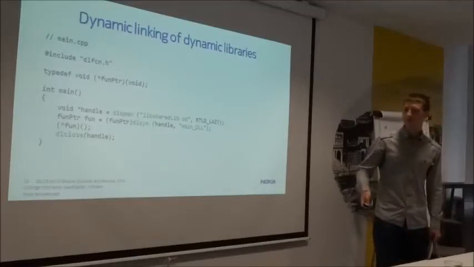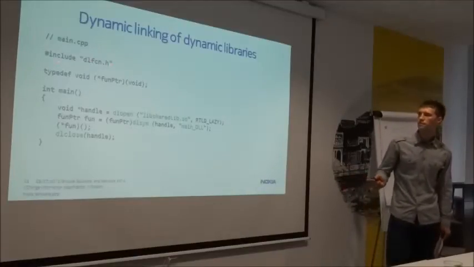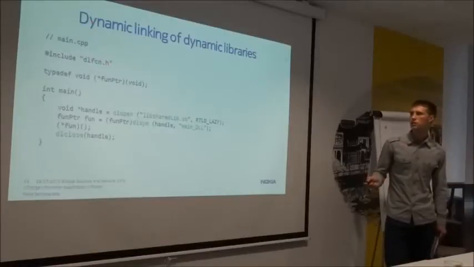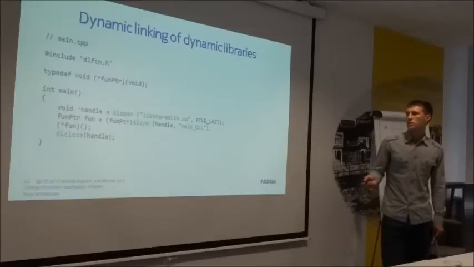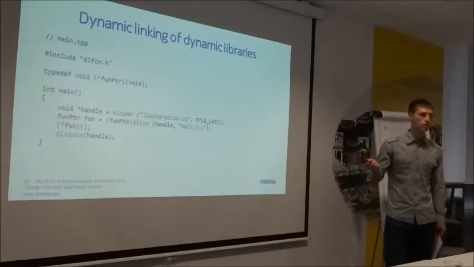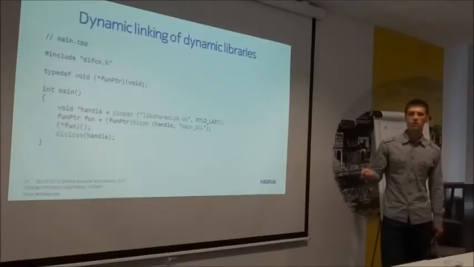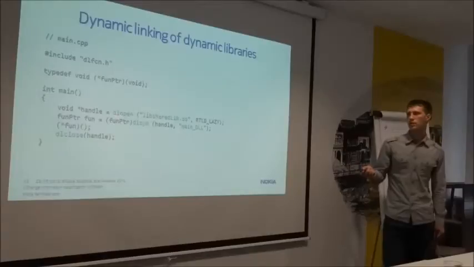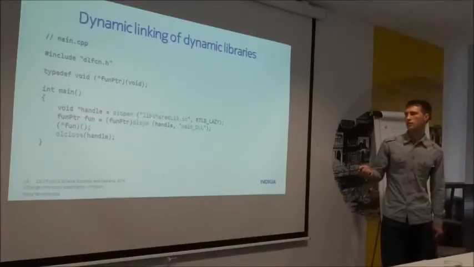So let's go back to this example. You can see here I included this header file which defines this function. What we are doing is simply using dlopen. This is an example, once again, for Linux. In Windows, there are the same functions, like LoadLibrary, that loads this library.